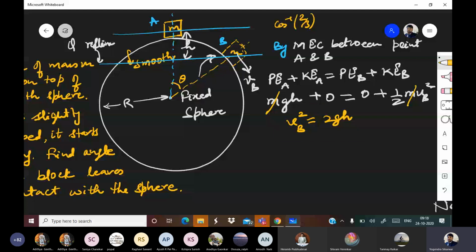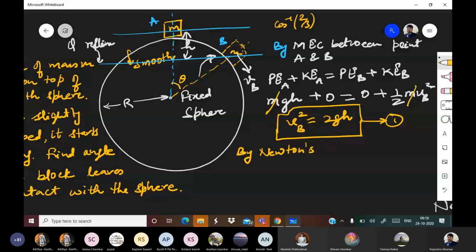Now, this is equation number 1. What else do we want? So VB square is equal to 2GH we have got. Now the next thing which we need to do is we need to use Newton's second law at point B. Pay attention, everyone.